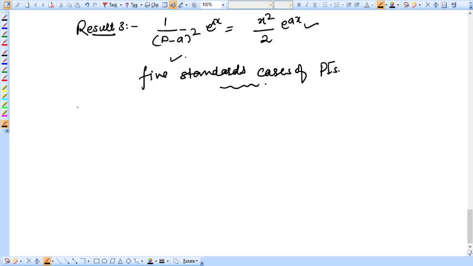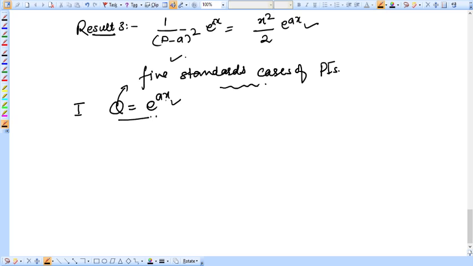In the first case, we will look at the case when Q is equal to exponential. How to solve the given non-homogeneous linear differential equation with constant coefficients when Q is equal to exponential of ax.